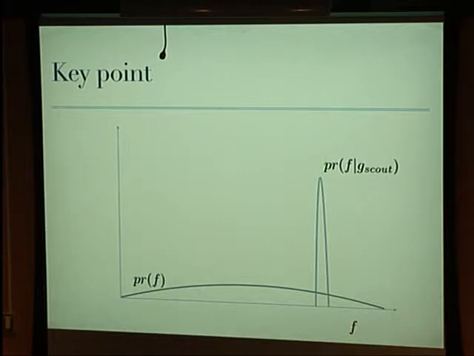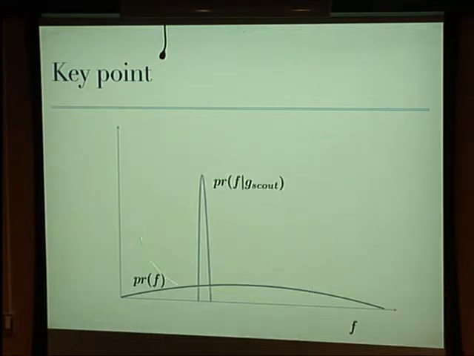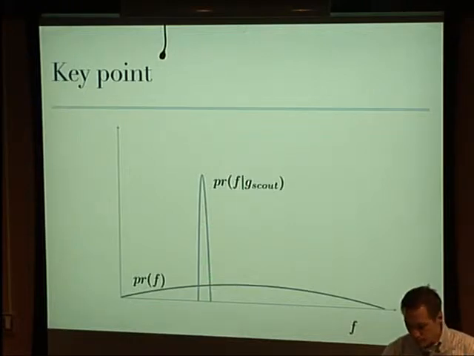It's not a delta function. If it was a delta function, you wouldn't need to continue imaging. The scout data would tell you everything. But it is a narrower distribution. If I put in a new patient and generated new scout data, I would get a different posterior distribution, a different distribution of the objects consistent with that new scout data.